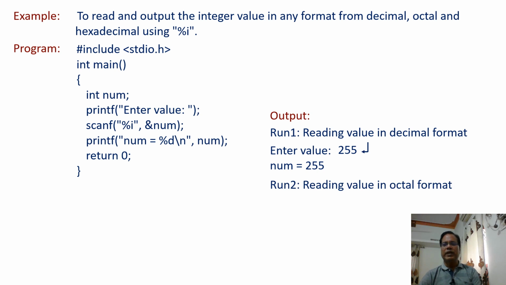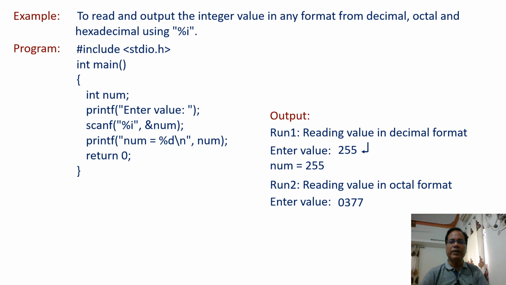Suppose the second time we enter an octal number. When we enter the octal value, the octal format is the number just preceded with a 0. So this represents that we are entering an octal number.